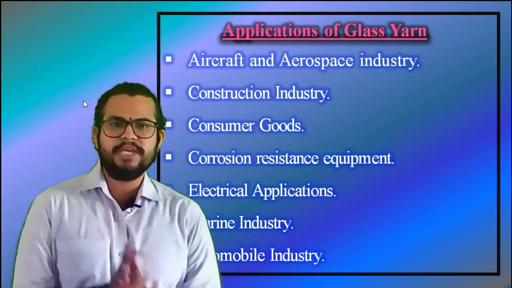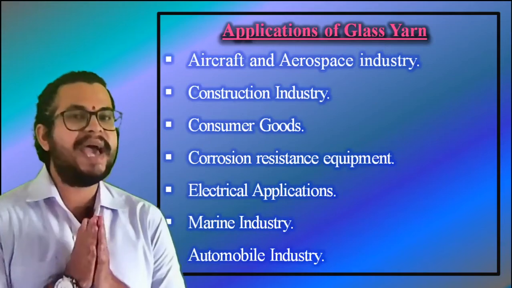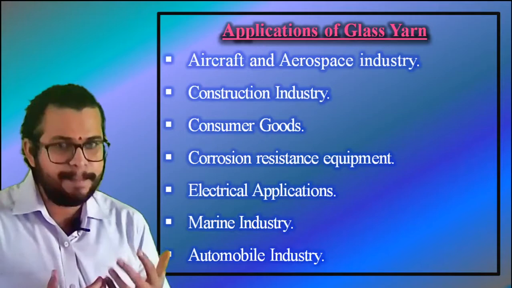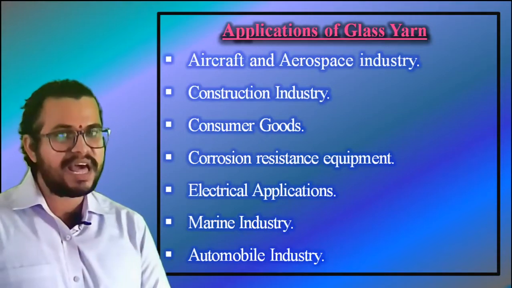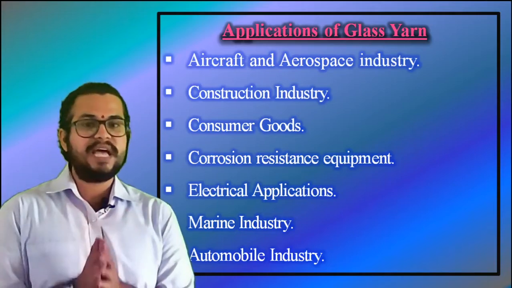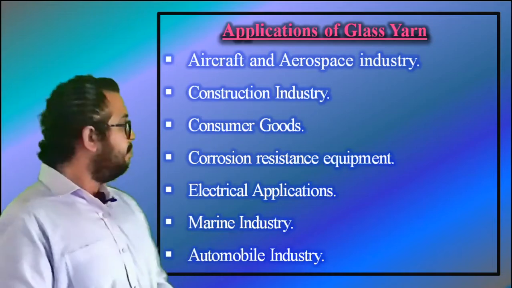The material used in the aircraft and aerospace industry has to be stable and lightweight. As compared to E-glass, S-glass has higher strength and modulus, which makes S-glass a preferred type of fiberglass in this type of industry.